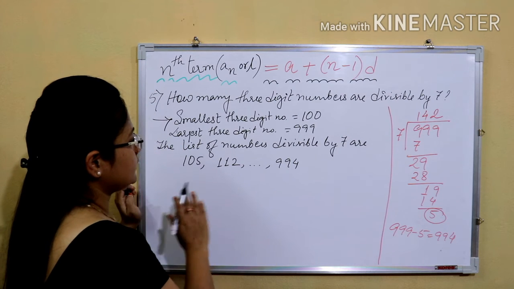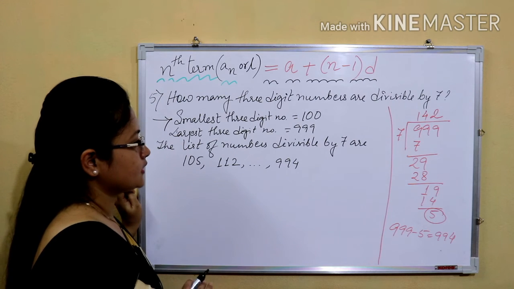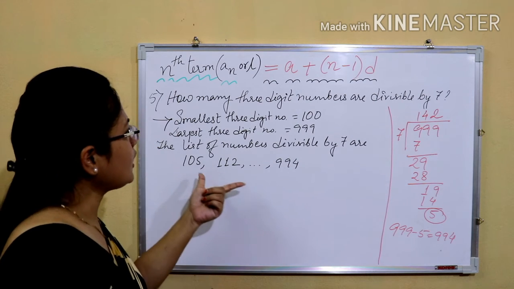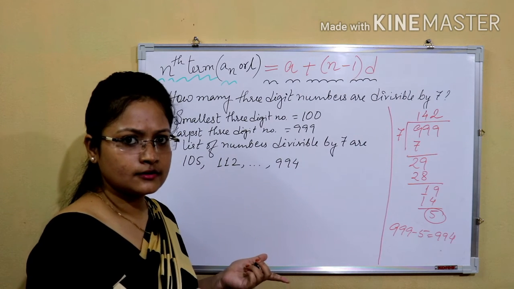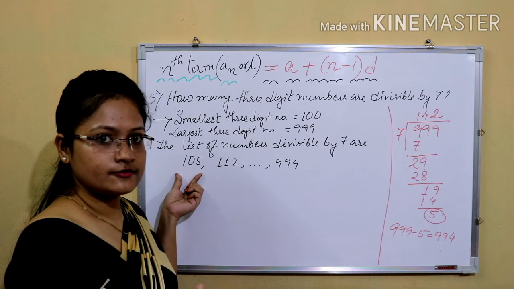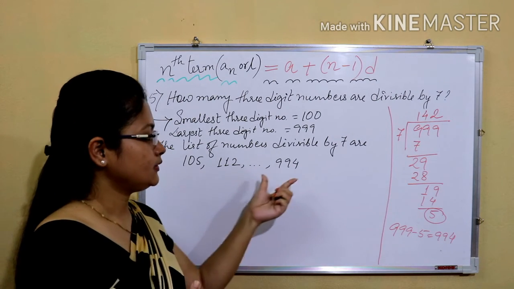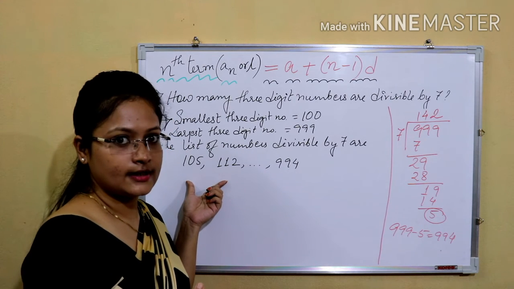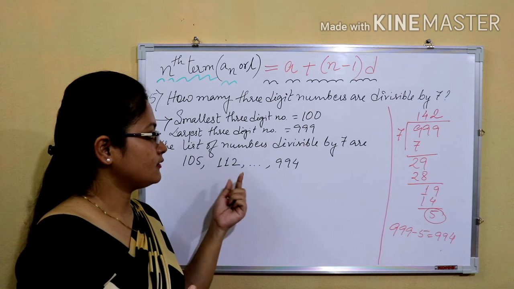So at first we got the list of numbers divisible by 7, but we don't know how many there are. Our first term is 105 and the last term is 994.